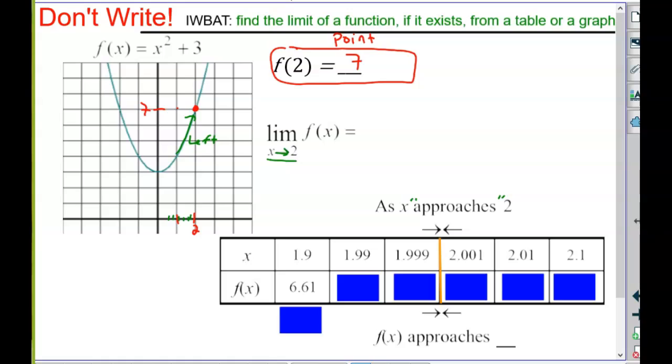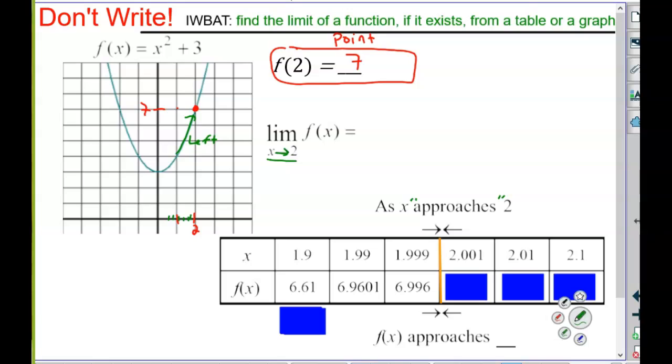Square it, and then add 3. You get 6.9601. But can we get closer? We can get closer to 2. What if I pick 1.999? You can get closer as well, right? Now, this could keep on going because you could do 1.9999, 1.99999. You can keep adding 9s, and you get closer and closer and closer.